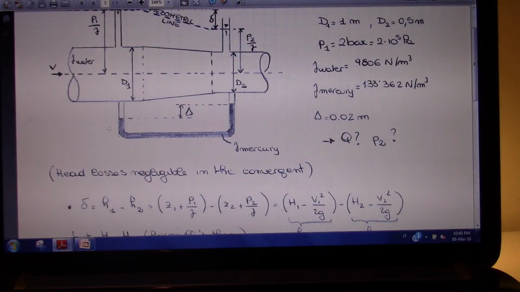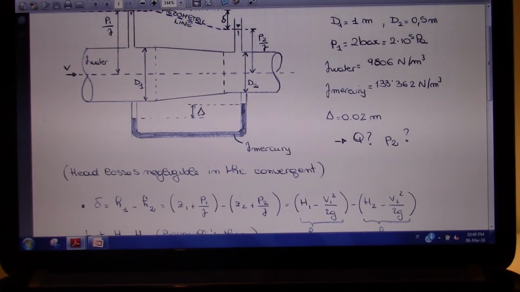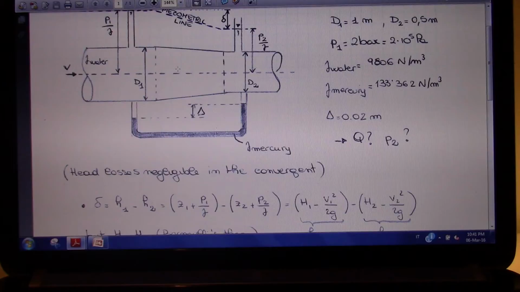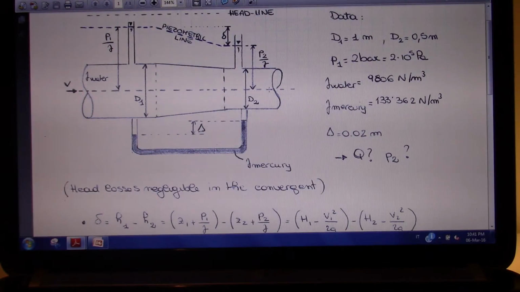Then we do exactly what we had done before. So basically we define the difference between these two hydraulic heads, 1 and 2. So we apply Bernoulli from section number 1 to section number 2, assuming that the fluid is turbulent, so assuming that the Coriolis coefficient is equal to 1.